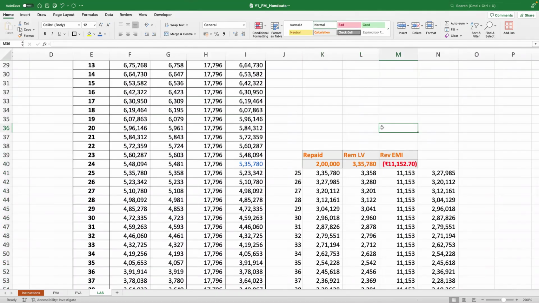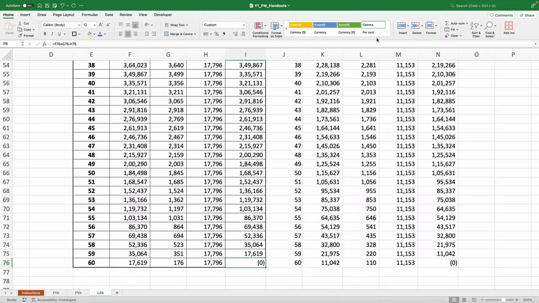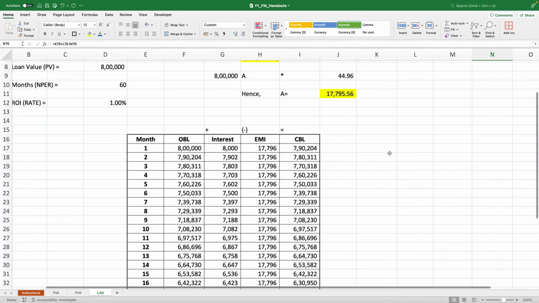After repaying, this became his revised EMI. This is his revised LAS. How do you see that this is correct? Just see this, right? If this is 0, that means your loan amortization schedule is correct.